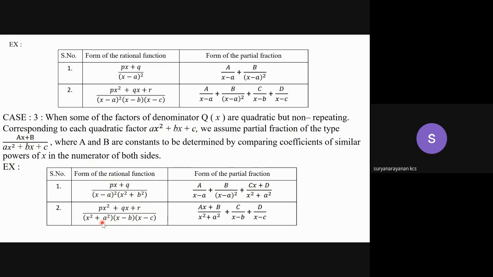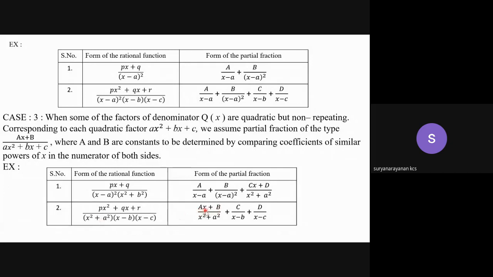The factor x square plus a square in the denominator is called an irreducible quadratic polynomial, meaning this quadratic polynomial cannot be written as a product of two linear factors. That is why it is called an irreducible quadratic polynomial.